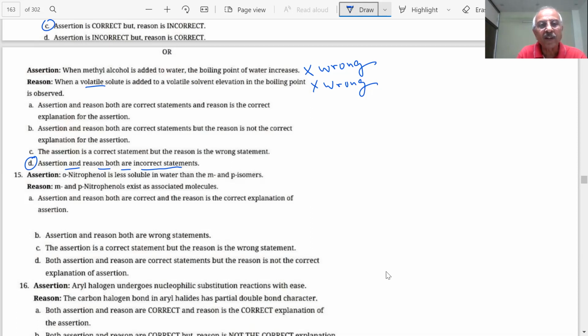Orthonitrophenol is less soluble in water than the meta and para isomers. What is orthonitrophenol, students? This is our orthonitrophenol.